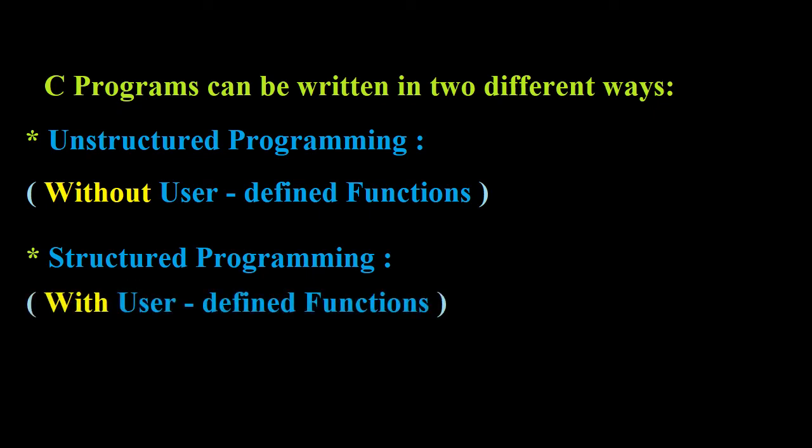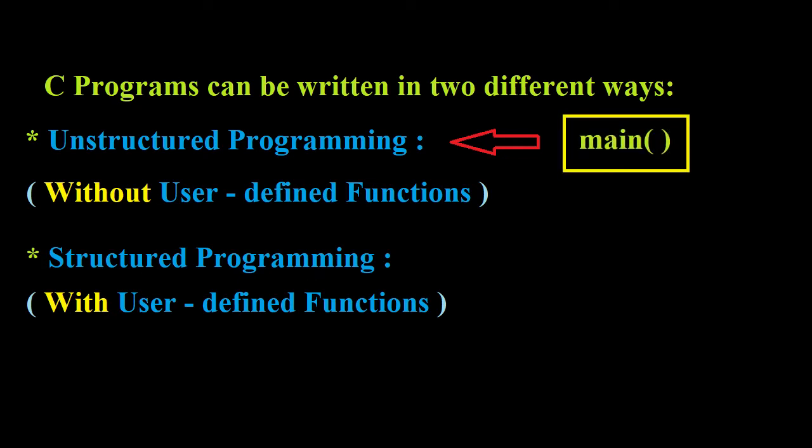All the programs that we have been writing till now, we have been using the unstructured mode of programming, where the entire logic of the program is written within one function, which is called the main function, as I told you earlier. So from now on, we will be using the structured mode of programming because it has various advantages over the unstructured mode of programming.